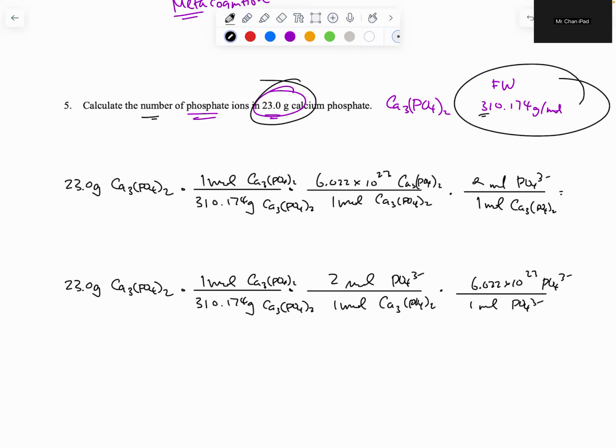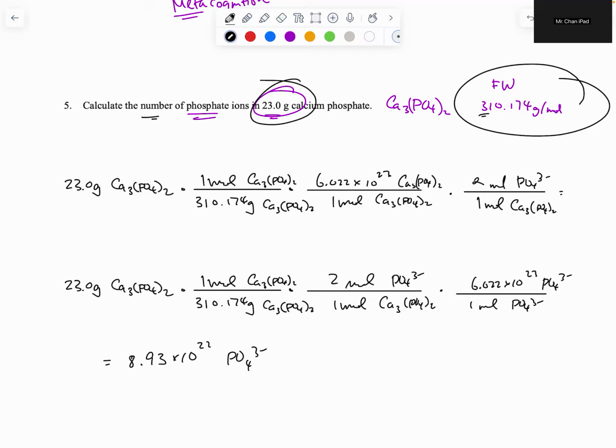Okay, times 2 times 6.022 to the 23rd power. So you shall get 8.93 times 10 to the 22, that many phosphate ions. Does it make sense, we ask? It was a little bit less than 0.1 mole, right?